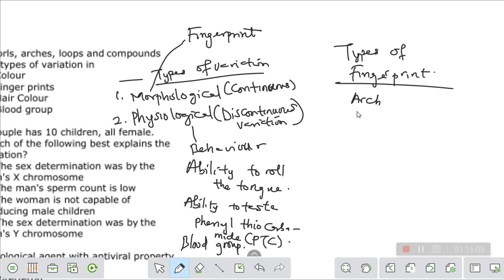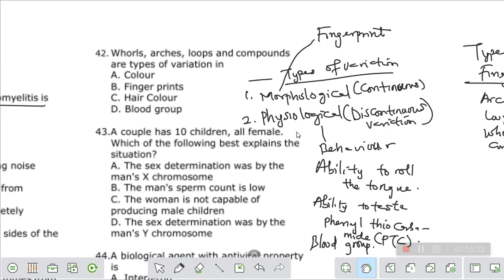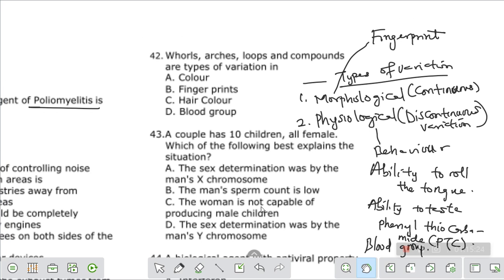We have the Caucasoid. It's actually this variation that makes us know who the Caucasoid are: the light skinned people, the Europeans. Then we have the Negroids, the black Africans.